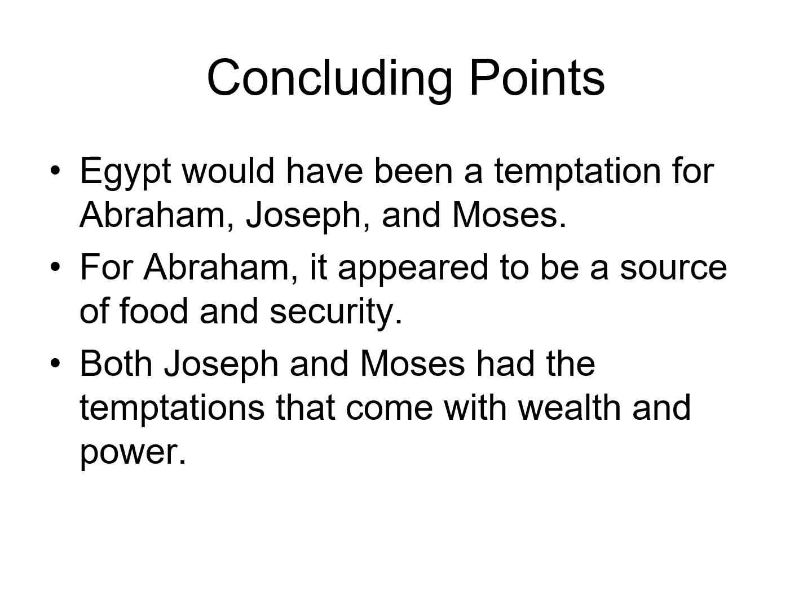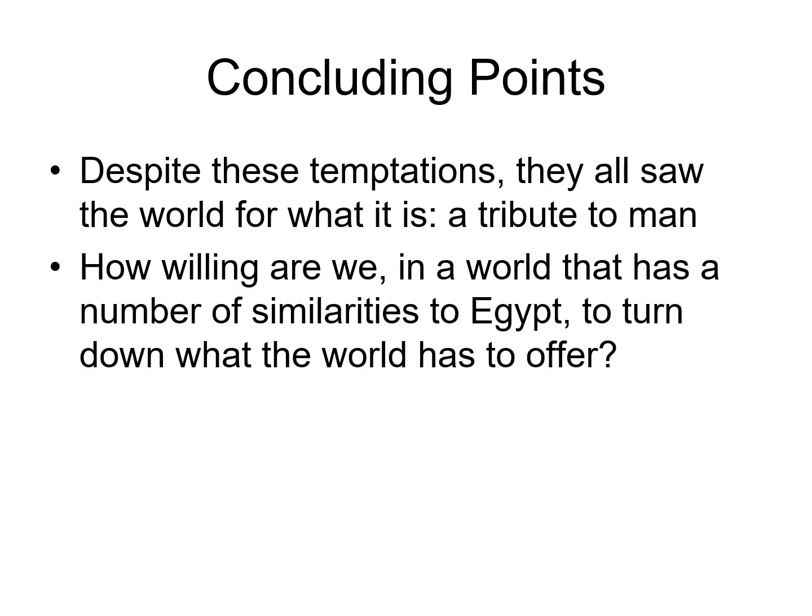For Joseph and Moses, it would have been the temptations that come with wealth and power. So despite these temptations, all three saw Egypt for what it was, a tribute to man. So how willing are we, in a world that has a number of similarities to Egypt, to turn down what the world has to offer?